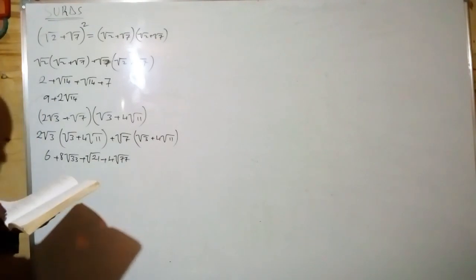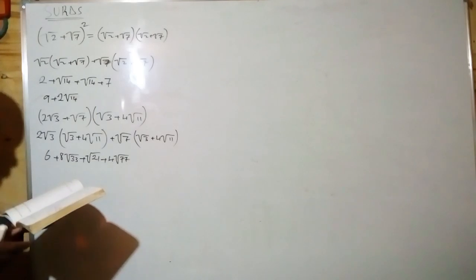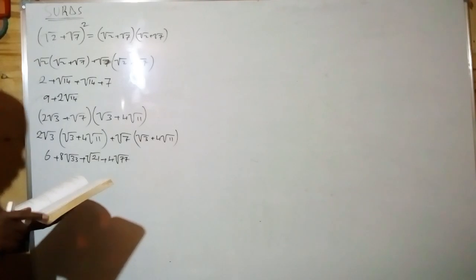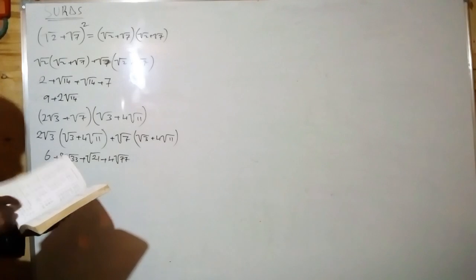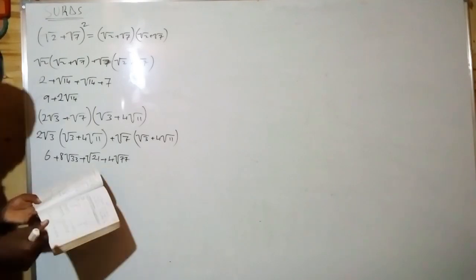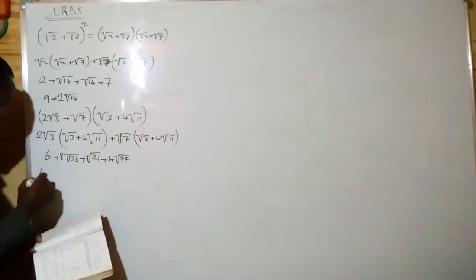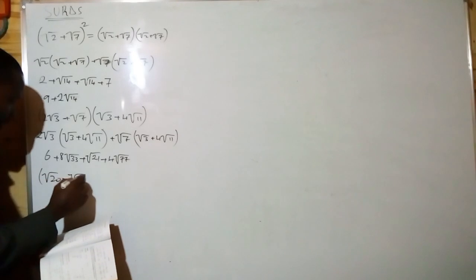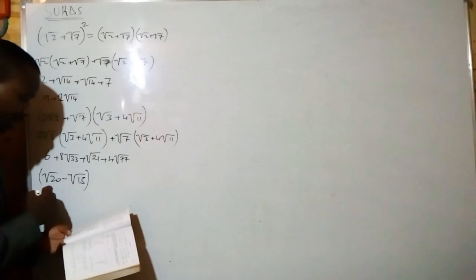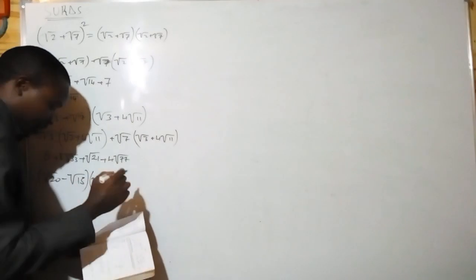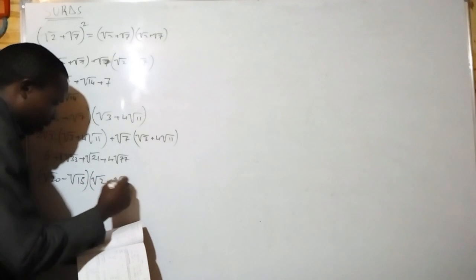Next, let's proceed. You are given root 20 minus root 15, close the bracket, open the bracket, root 2 plus root 5.